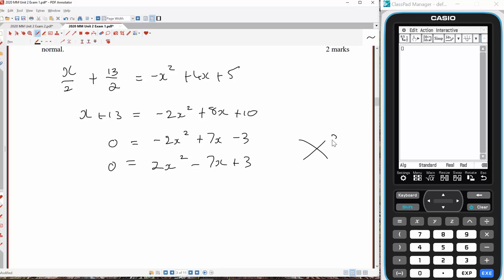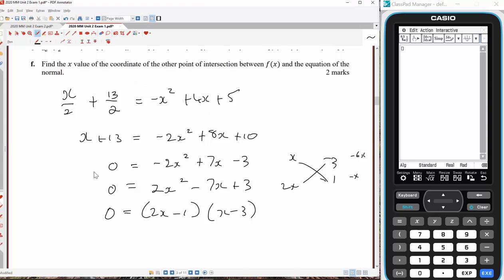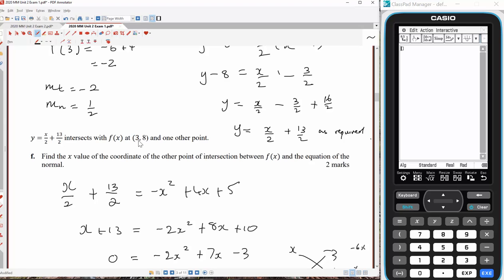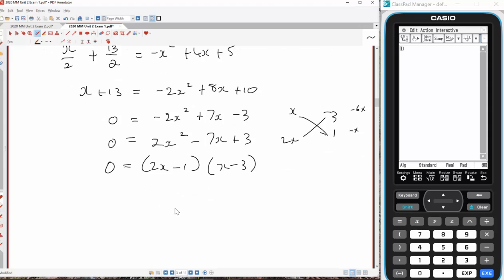Check you can go through via the cross. 3, 1, 2x, x. What do we need? Negative 7. And they can both be negative, yeah. Negative 6x, negative x. Yeah, there we go. So 2x take 1, x take 3. So we knew that we had one intersection at the point where the normal exists, and there's the other one.